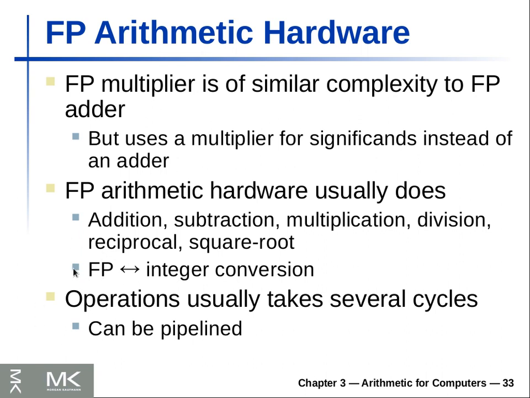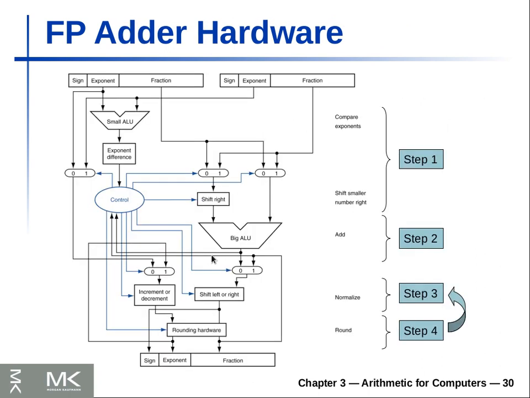Usually your FP unit is going to do addition, subtraction, multiplication, division, reciprocal, and square root, because some hardware decides to do square root inside of one block. If you notice here, your ALU can do basically what it needs to, and then you can have a complex normalizer and rounder afterwards. That should be standard whether it's addition, subtraction, multiplication, division, or whatever else.